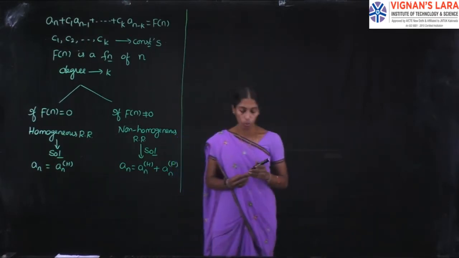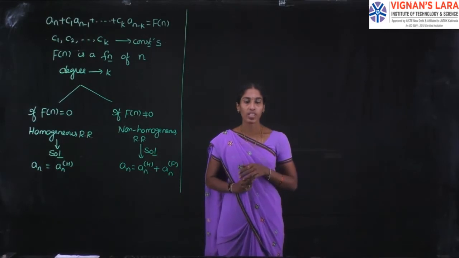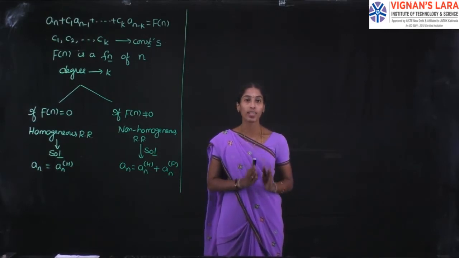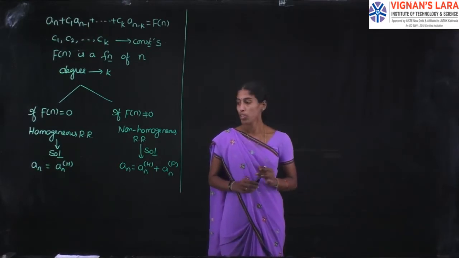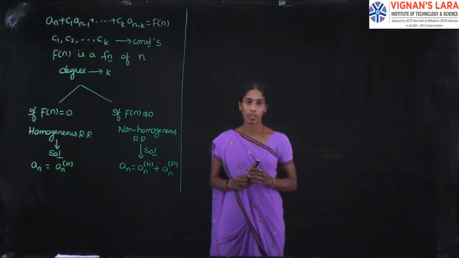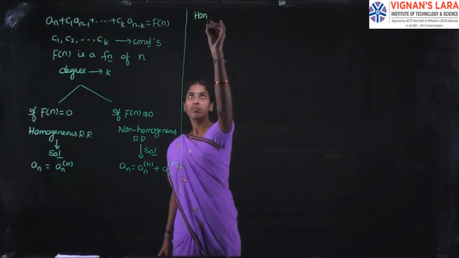To find the homogeneous solution part, similar to differential equations, here also we need to find the characteristic roots of the given recurrence relation. So how can we find the characteristic roots? First we see the homogeneous recurrence relation.